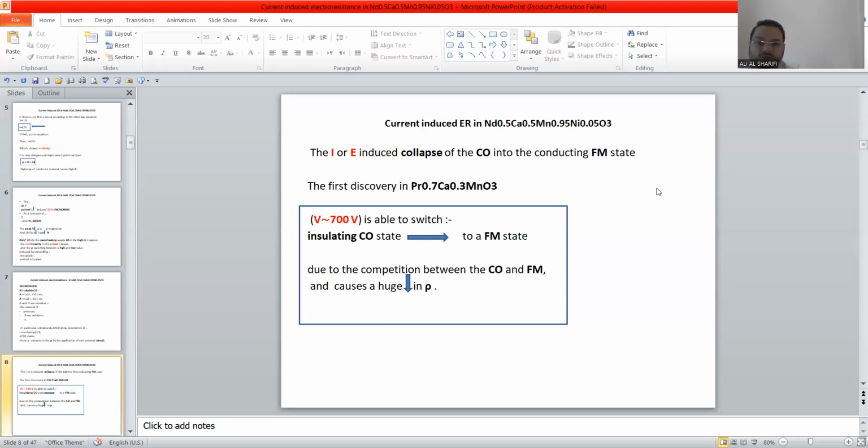Due to the competition between charge ordering and the ferromagnetic state, and it causes a huge decrease in the resistivity. That means a high voltage like that can switch the insulating charge ordering to FM, and at the same time, we will note a huge decrease in the resistivity.